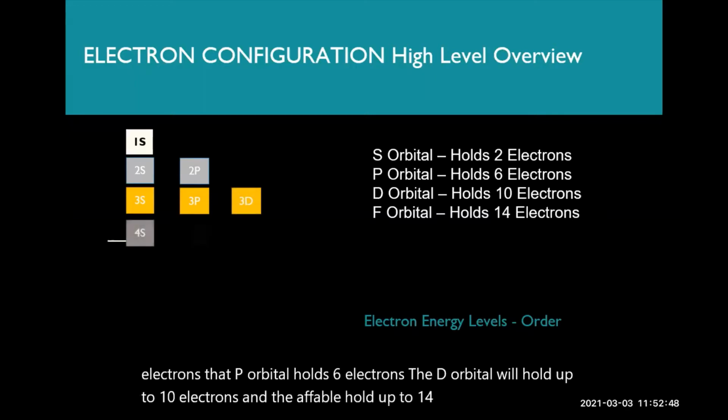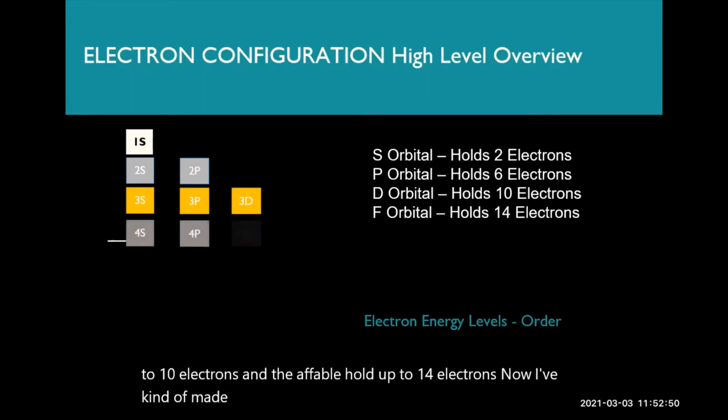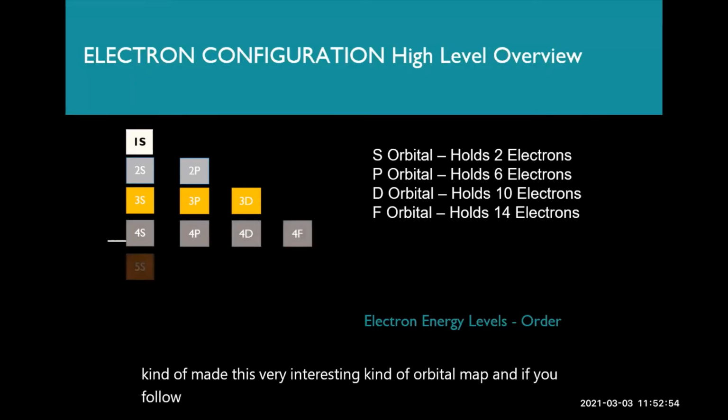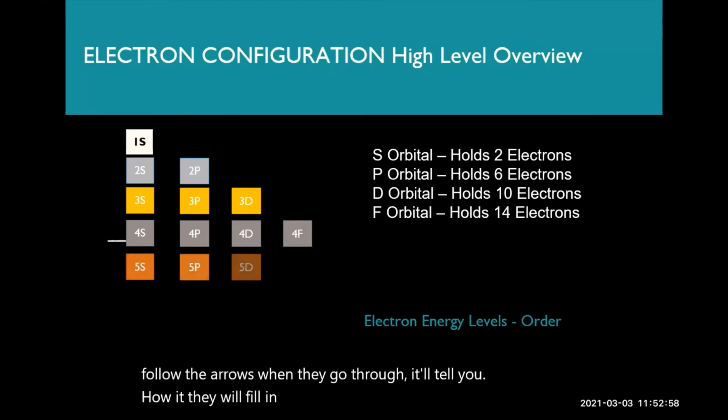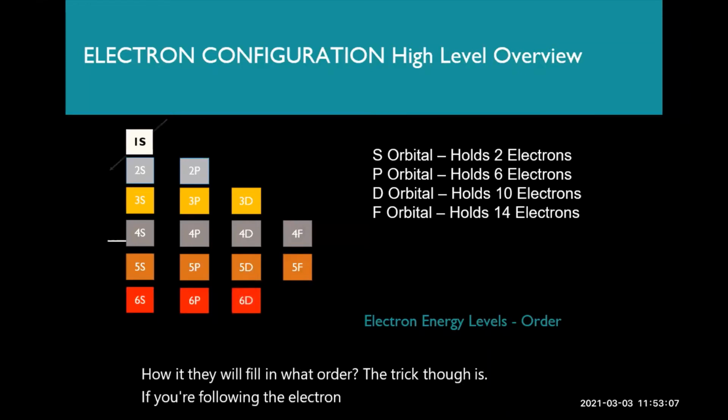Now, I've made this orbital map, and if you follow the arrows as they go through, it'll tell you in what order they fill. The trick, though, if you're following the electron configuration table, is that's how you do it.